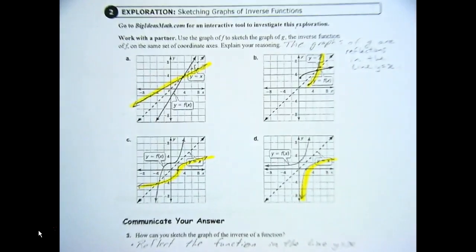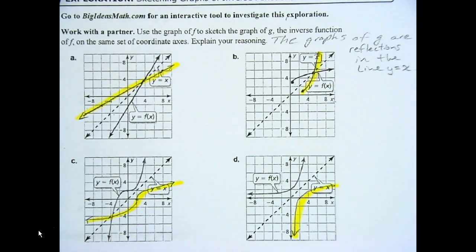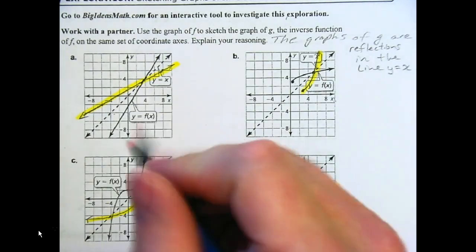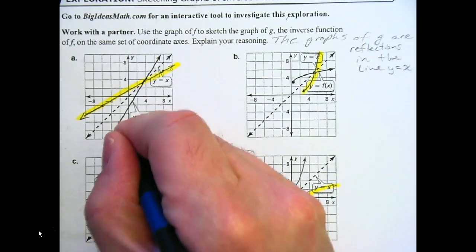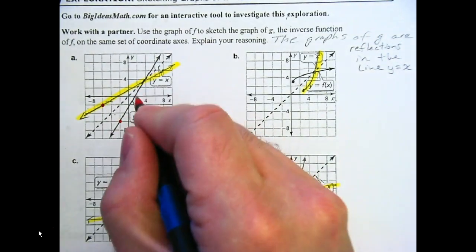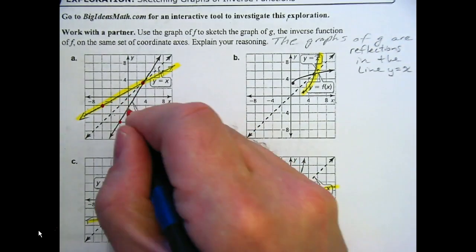Check it out. Hey, remember the graphs are reflections in the line y equals x. So what you could do is just pick a couple points and switch the coordinates and replot them. Okay, so we could pick those coordinates.